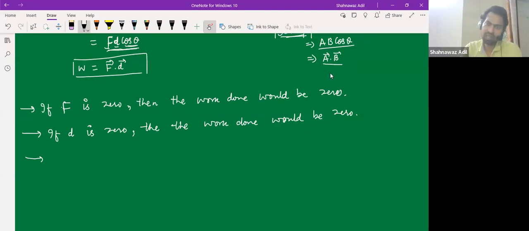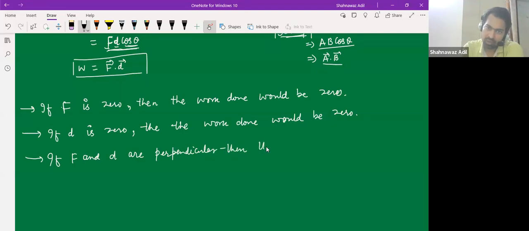If A and B are perpendicular, then cos theta is cos 90, which is zero. So if F and D are perpendicular, then the work done would be zero. And you can see that work done is a scalar quantity, right?